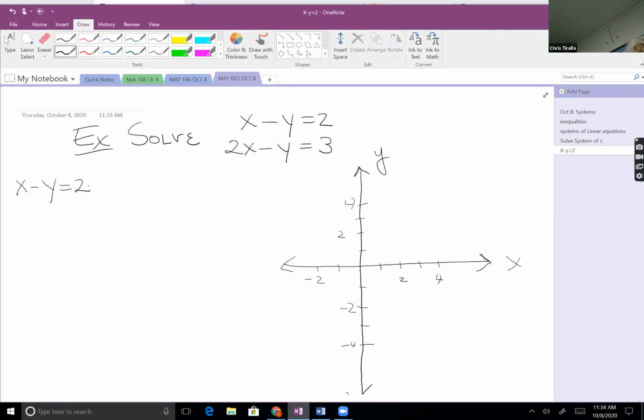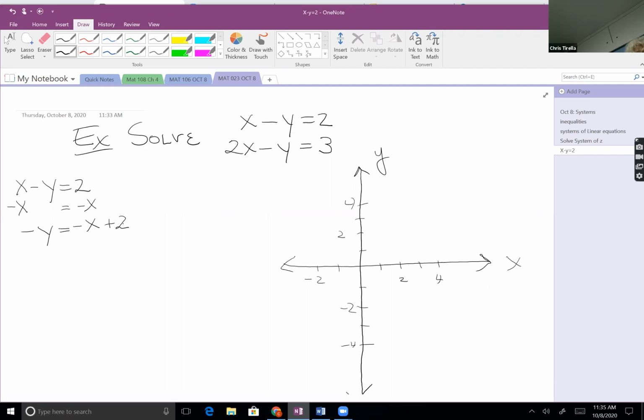And again, to use the slope-intercept method, the first thing I need to do is solve for y. So in order to get y alone, I'm going to subtract x from both sides, giving me negative y equals, and as I look at this, these are not like terms, so does everybody remember I have to leave them separate? I'm going to write that as negative x plus 2.